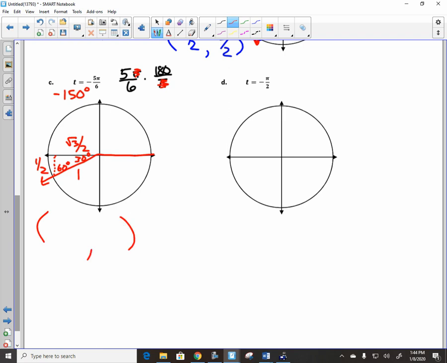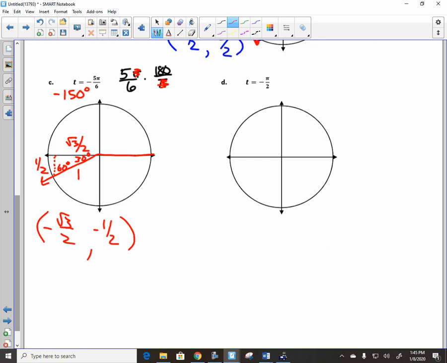If I'm in the third quadrant, what's going to be true about both values? They're both negative. So what's the x value? What's the horizontal value? Negative root of 3 over 2. And then what's the other one? Negative 1/2. Do those values look familiar?